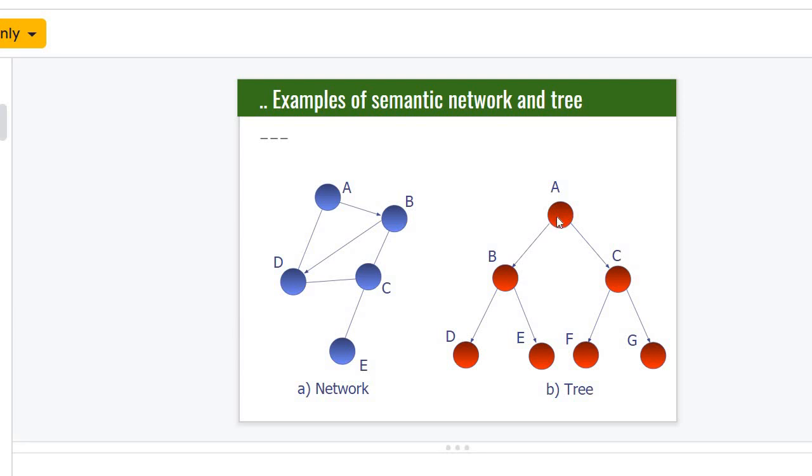This is the grandparent A, this is the child, and this is the grandchild. So D is the grandchild of A, but B is the child of A. We will say that A is the predecessor of B and D is the successor of B.